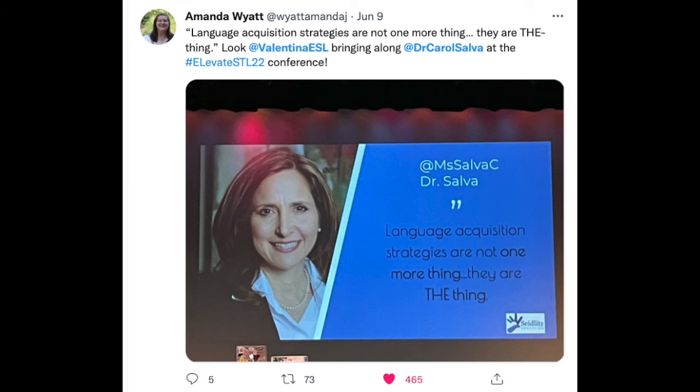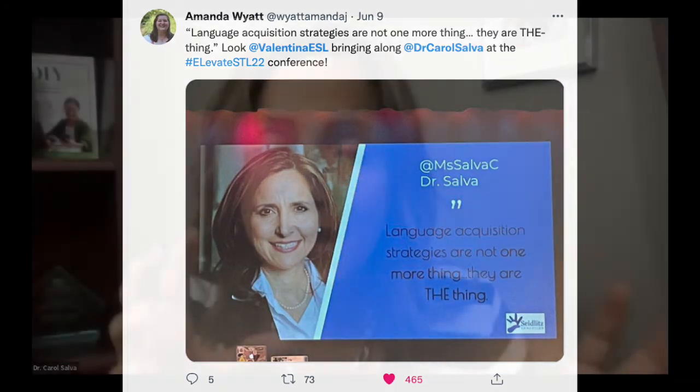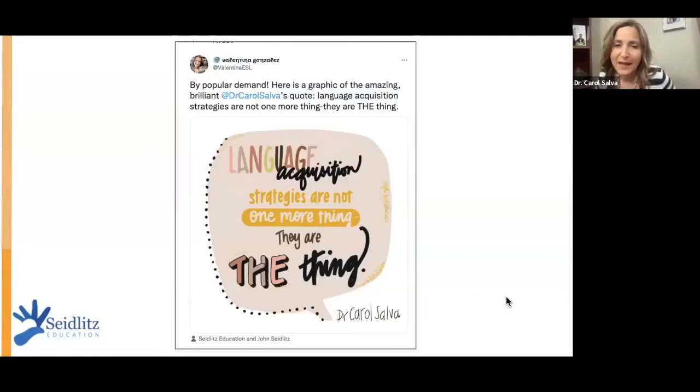And so Valentina Gonzalez, if you guys don't know Valentina Gonzalez, she's at Valentina ESL. She makes amazing graphics, right? She just has a gift for making graphics and putting them out there that are fun to see. So she made a graphic of this quote. So I'm going to share it, but I'm also going to read it, and you'll be the first one to know.